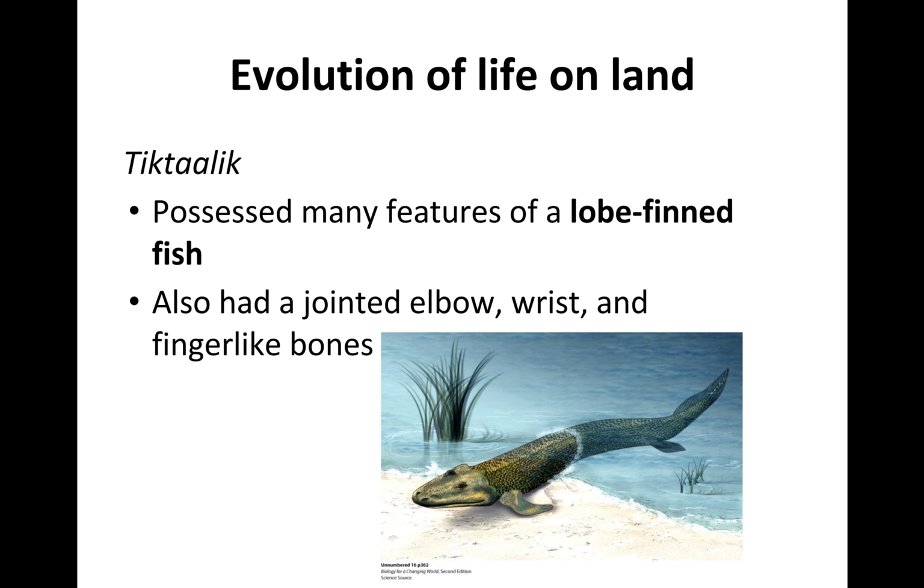A Tiktaalik possessed many of these features, although it was a lobe-finned fish, which means it had fins instead of fingers. However, you could see that it had joints here, an elbow and a wrist, and it also had these finger-like bones, even though they looked kind of like fins.